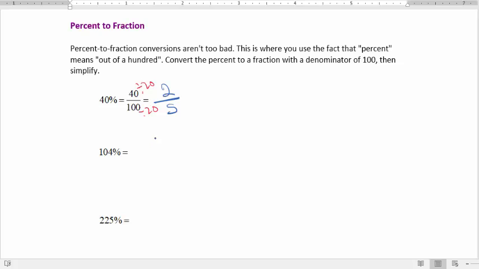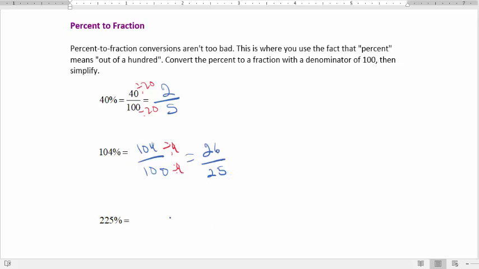So similarly, 104% would be 104 over 100. And then 4 will go into both of those. So if we divide the top and the bottom by 4, we end up with 26 25ths.